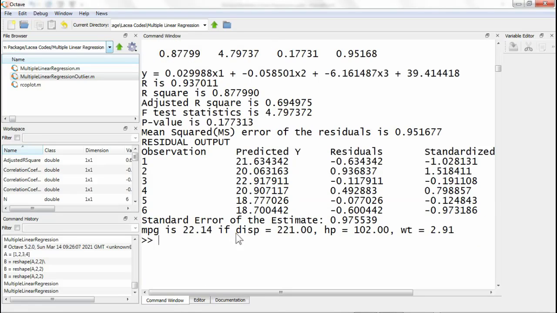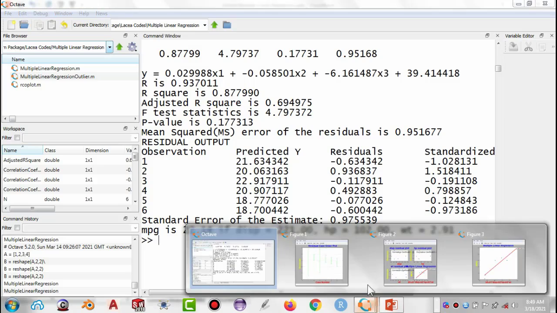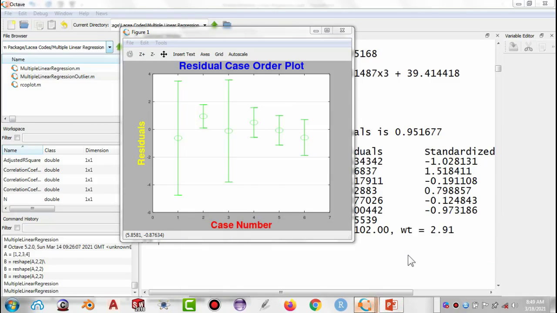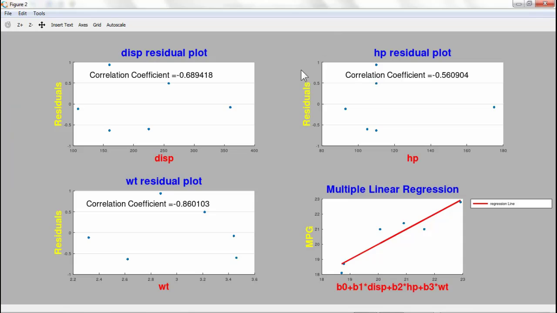Also, there is the standard error of the estimate, and then the prediction, together with the residual case order plot that has no outlier, the correlation coefficient between the cylinder displacement and the miles per gallon, horsepower and the miles per gallon, and then the weight and the miles per gallon, and the multiple linear regression line with the multiple linear regression computational model.